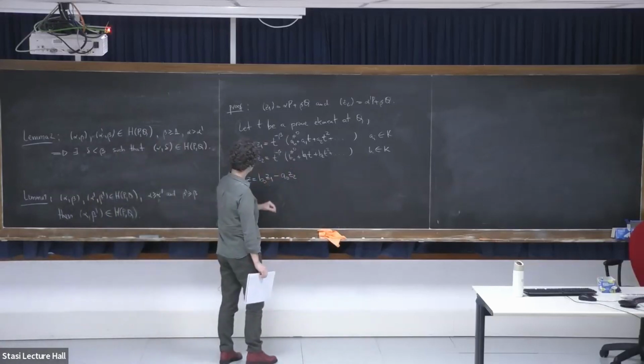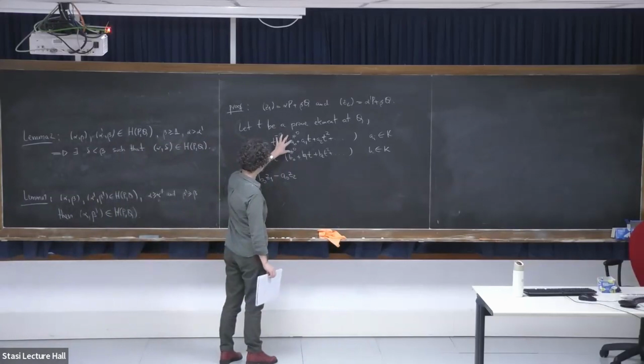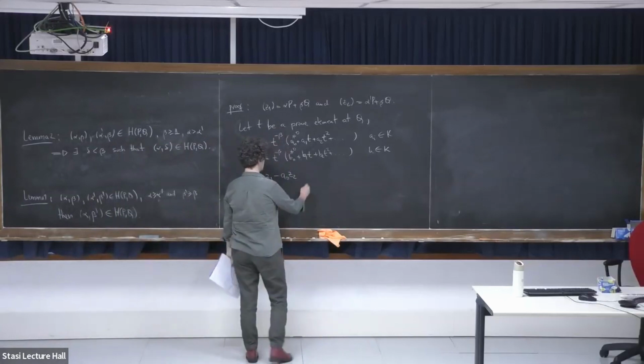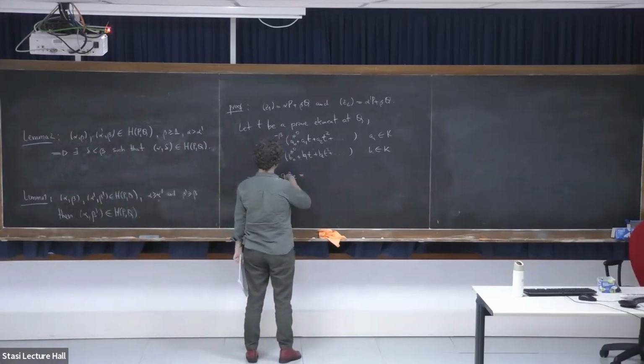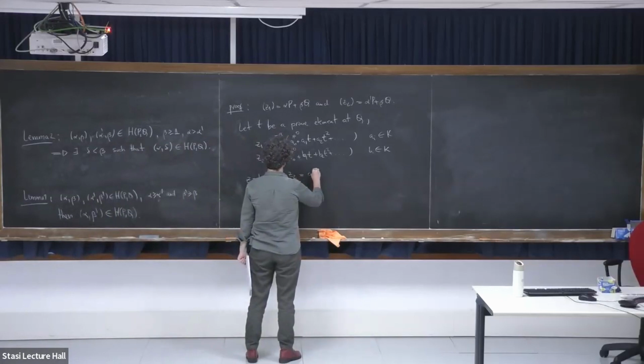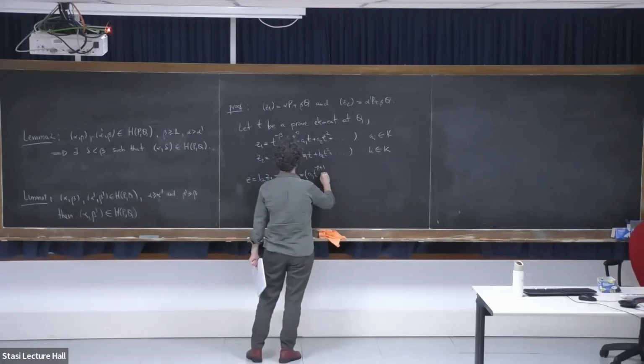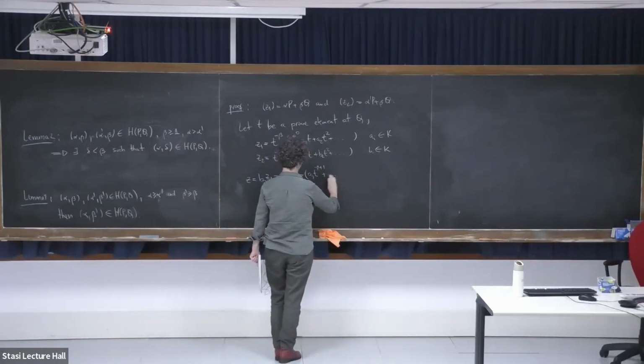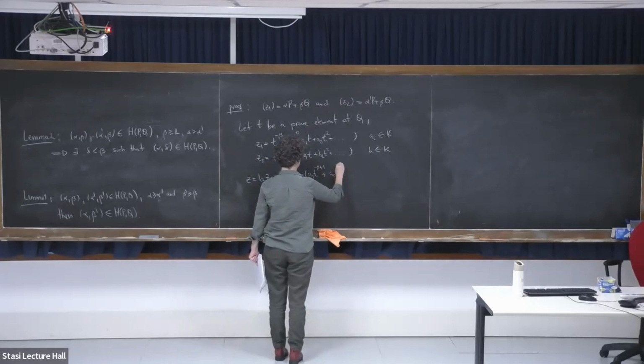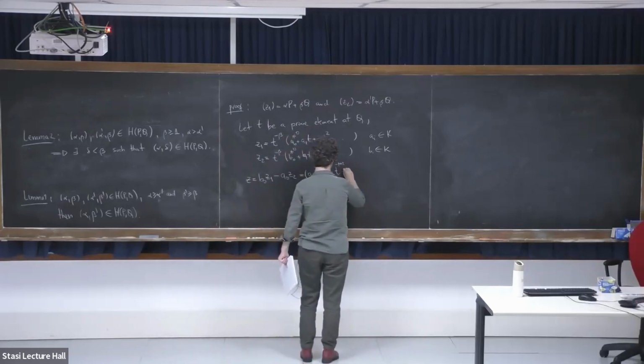I'm going to cancel this first term. So this is going to give me something like a1 t to the minus beta plus 1, and plus a2 t to the minus beta plus 2 for the first guy.